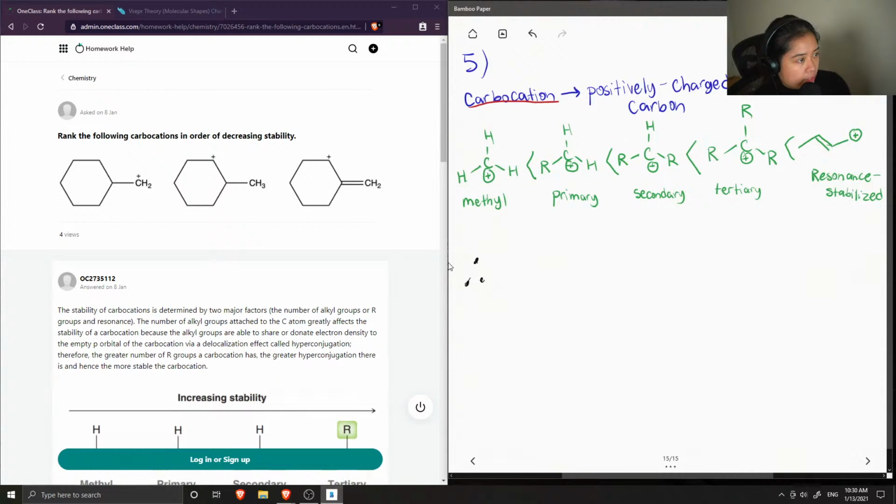So we have the first option, which is an example of the primary carbocation. The second option is an example of a secondary. And the last option is an example of something that is resonance stabilized. So if we were to rank these in order of decreasing stability, our resonance stabilized carbocation is first.